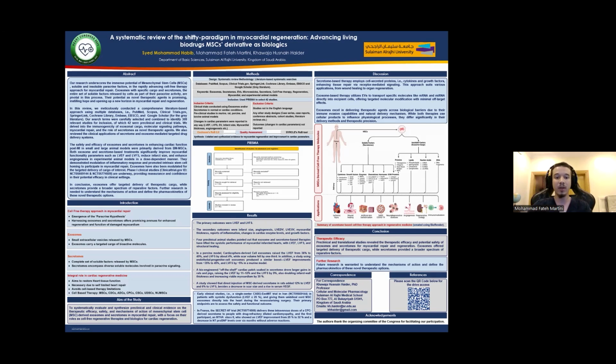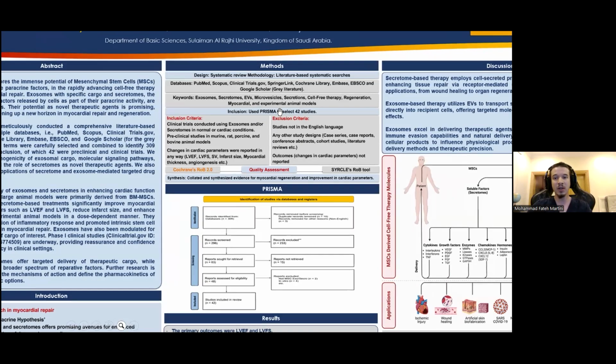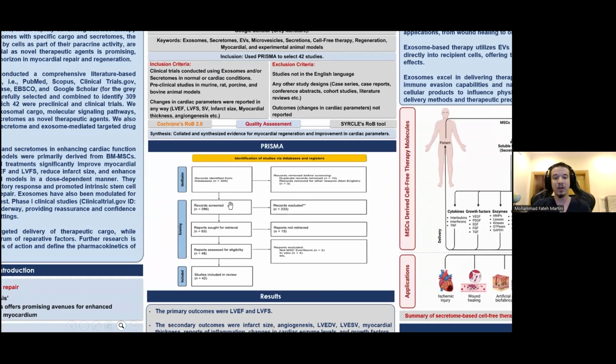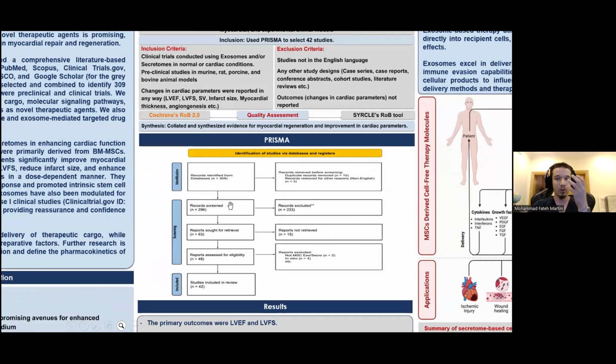For the methodology, it is a systematic literature-based search through a number of databases, as you can see here. In the PRISMA that we conducted, 309 records were identified, and we screened through them, and eventually we got a total of 42 studies after exclusion and inclusion criteria were applied.